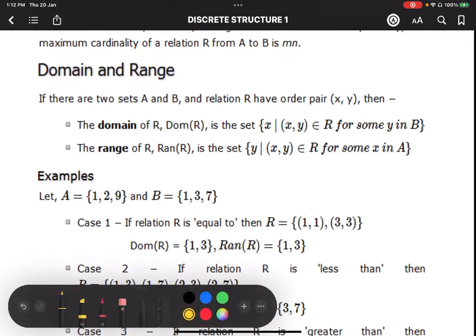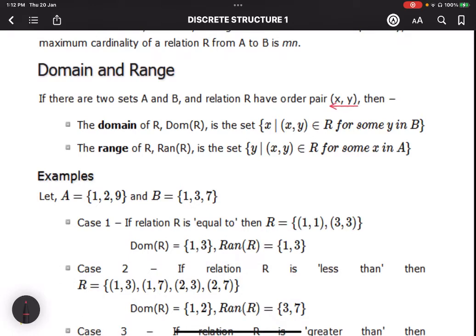This is the X in our stated relationship, and this is the Y. This one comes from A, and this one comes from B. So we have (1, 1) and (3, 3), meaning X and Y are always equal.